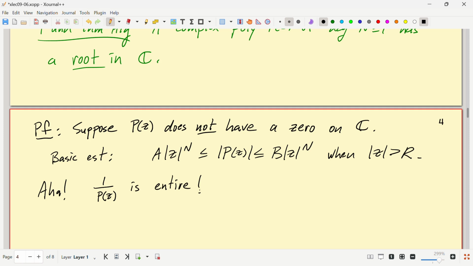Okay, and now I'm thinking of a denominator estimate, which needs a greater than or equal to estimate, and this is P of z greater or equal to the left-hand side, and we would have 1 over P of z less than or equal to 1 over a mod z to the n when mod z is bigger than R.